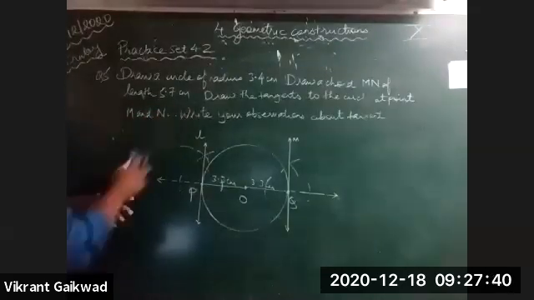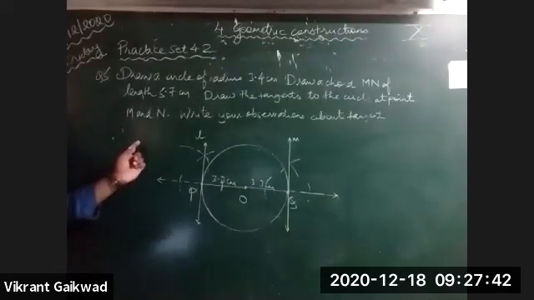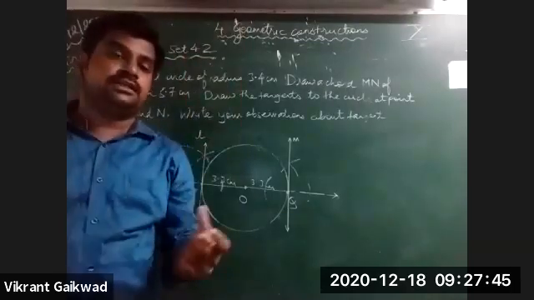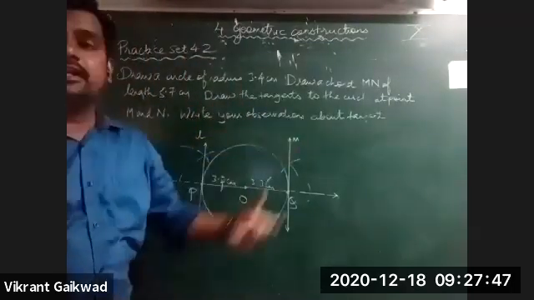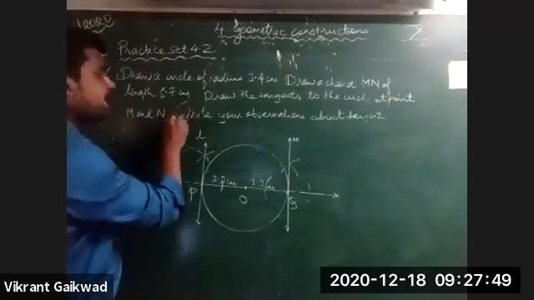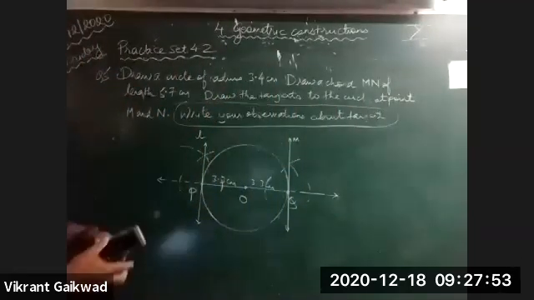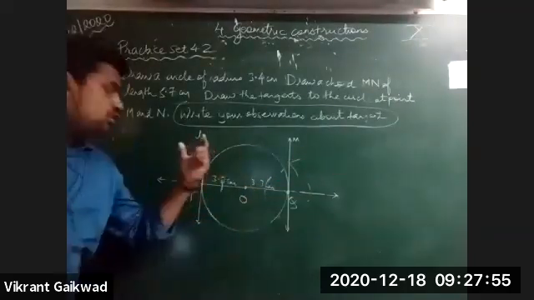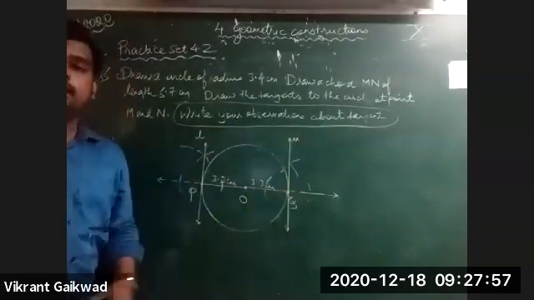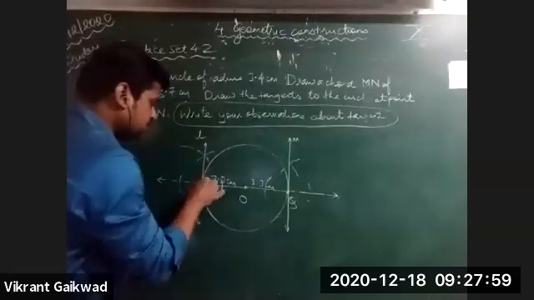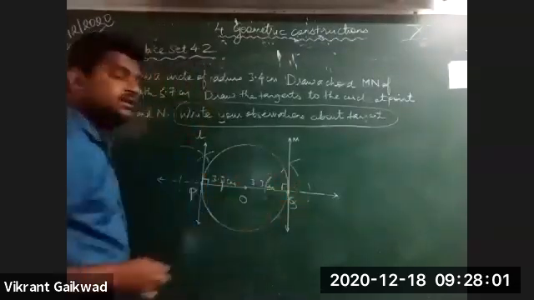Now, I just forgot: in the last question, one more part is remaining. Write your observations about the tangents. Check in question number 4. This is an angle of 90, this is an angle of 90.